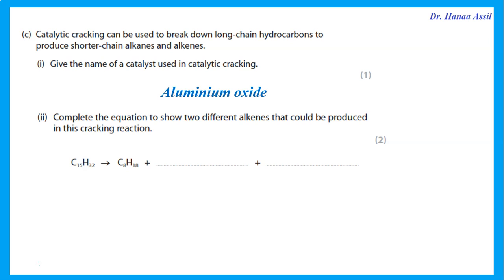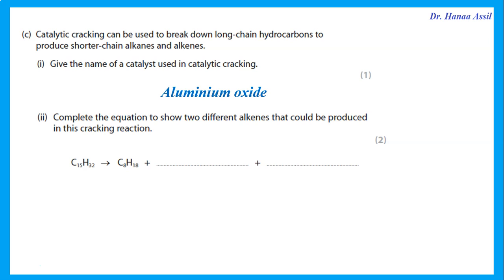Now, complete the equation, and please read the question till the end to know what is required. Complete the equation to show two different alkenes that could be produced in this cracking. Now, if I'm starting with something that has 15 carbons, then the total number of carbons after the arrow should be 15.